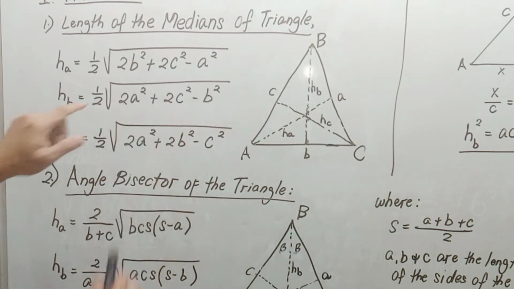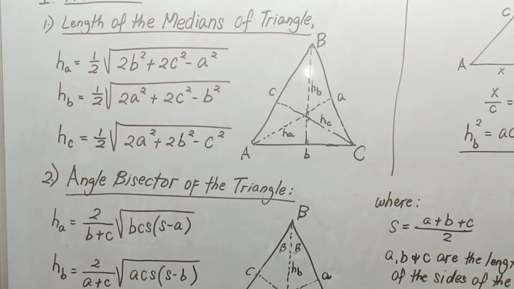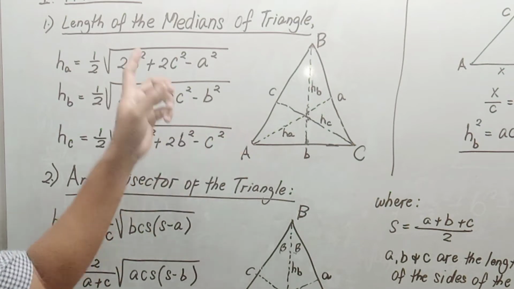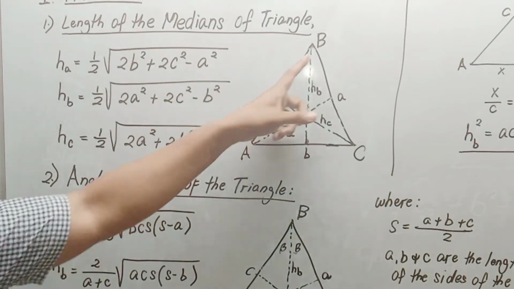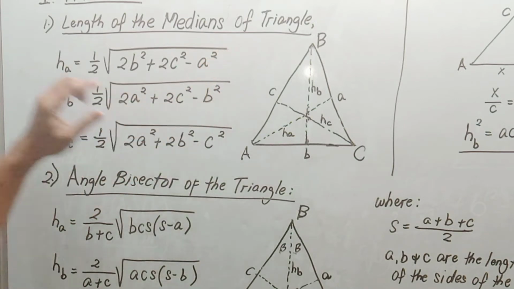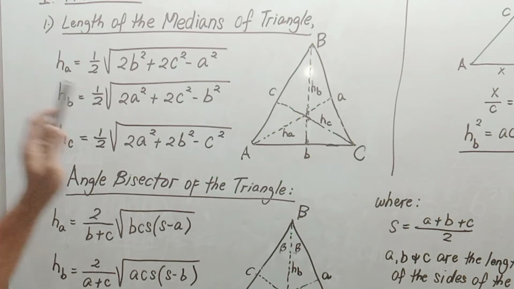So 2b squared plus 2c squared minus a squared. If you have encountered some problem related to these triangles, knowing the three sides, you can simply substitute to this particular formula. Guys, take note of this equation on how to solve the median of a triangle under h sub a.